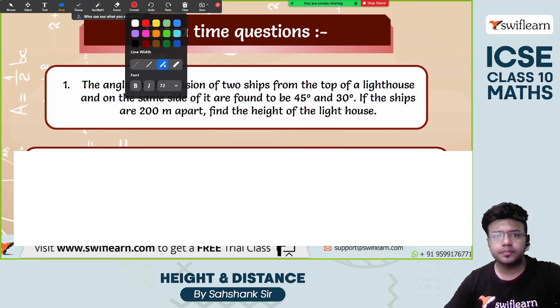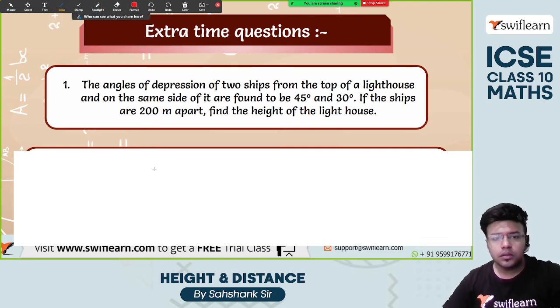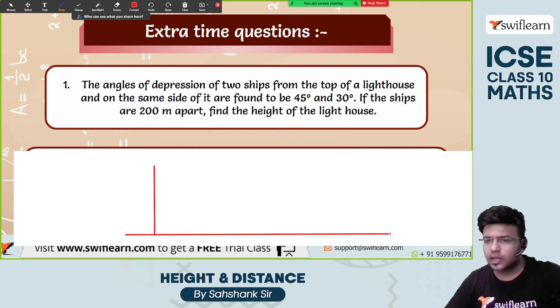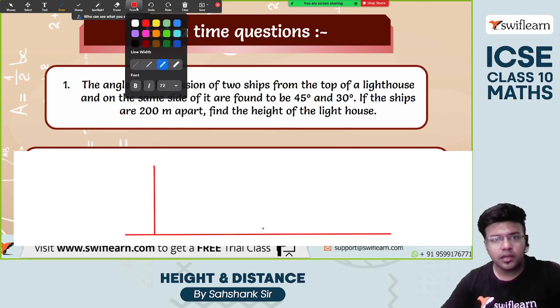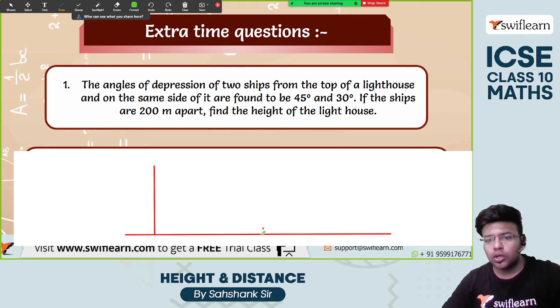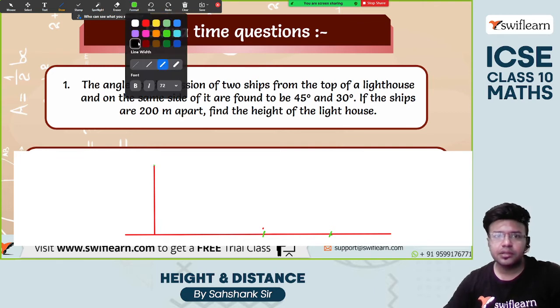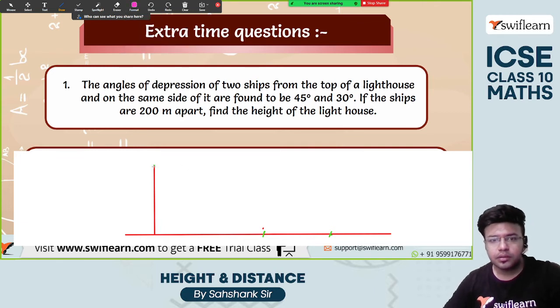Okay, so this is a lighthouse. These are the two ships. Let's say they are at the same level. The green ones are the two ships. The angles of depression from the lighthouse are 45 and 30.